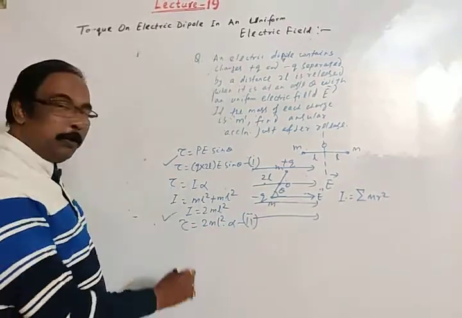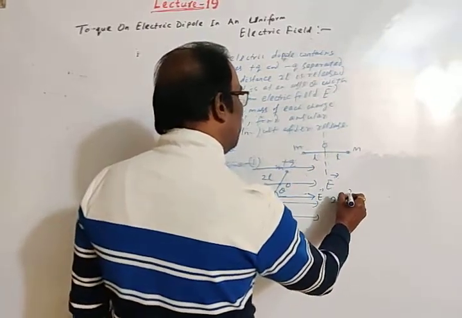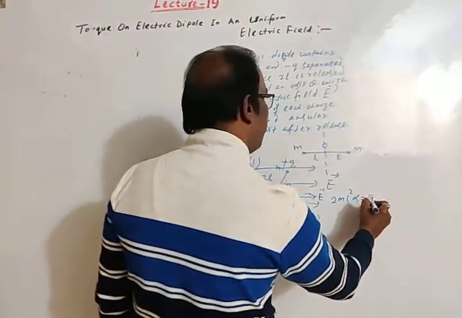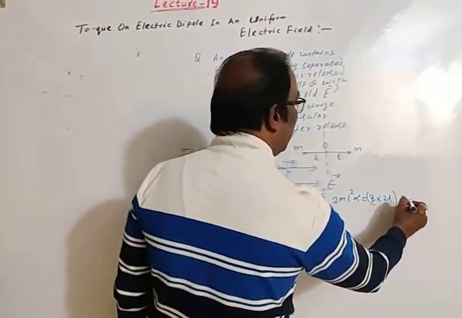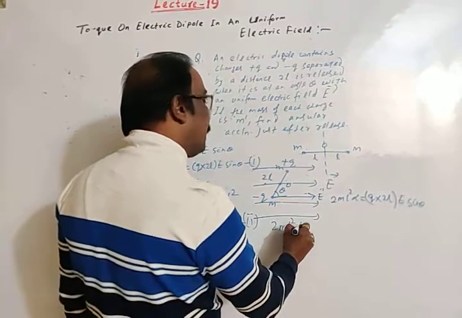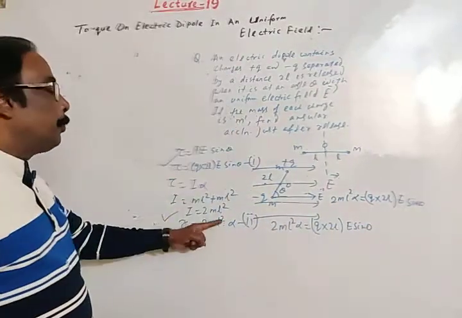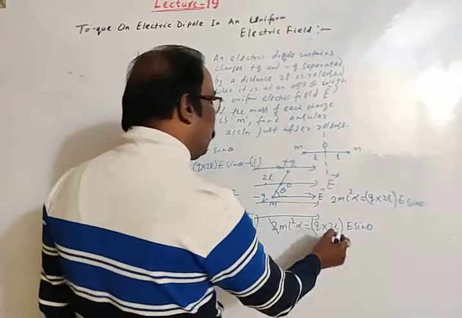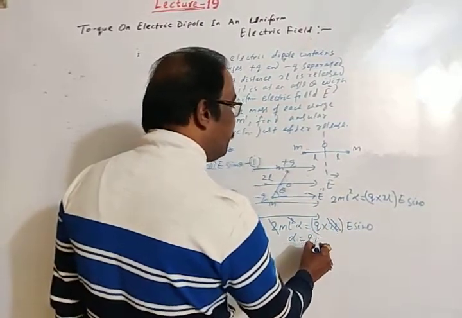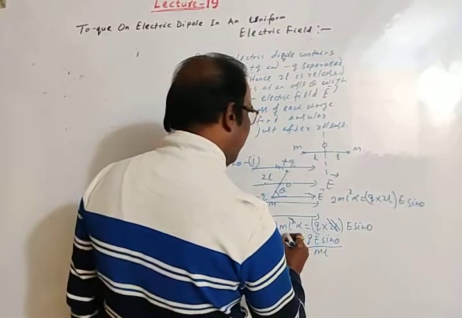Now this is torque, and this is also torque. Equating these two, we get 2 m L squared alpha from equation 2 equals q into 2L into E into sin theta from equation 1. The 2 gets cancelled, and L squared gets cancelled by L, so alpha is q E sin theta divided by m L. This is your answer.